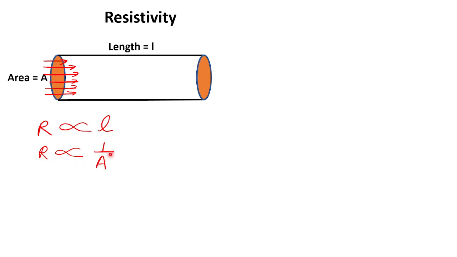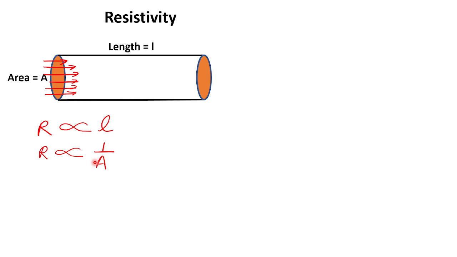For example, if the area of the pipe is too large, the water can easily flow without any resistance. But if it is too narrow, the area is very small, then the water flow will be very difficult. Meaning that high resistance. So R is directly proportional to 1 by A. Exact proof is not there.